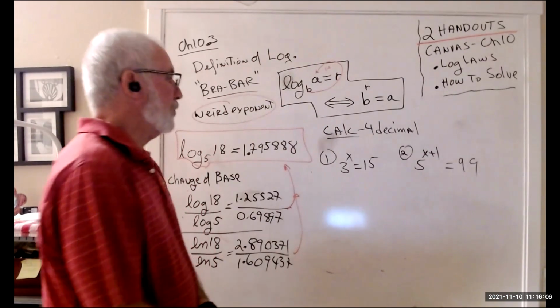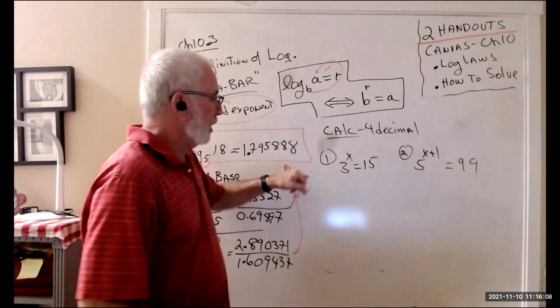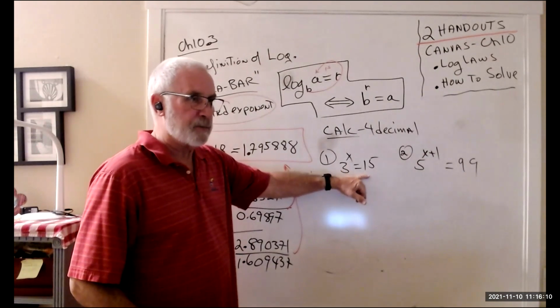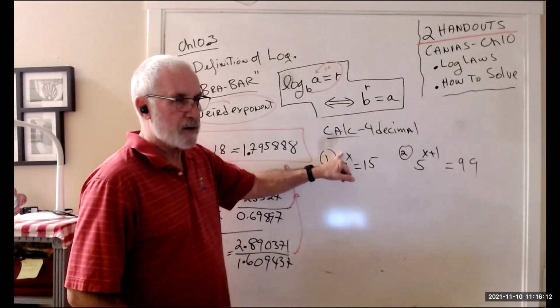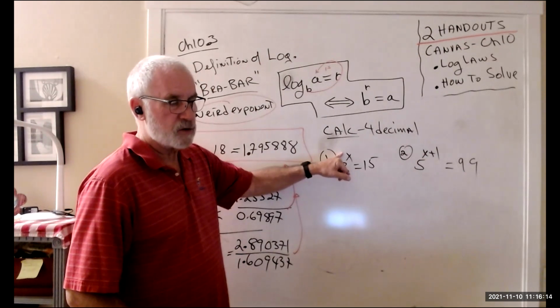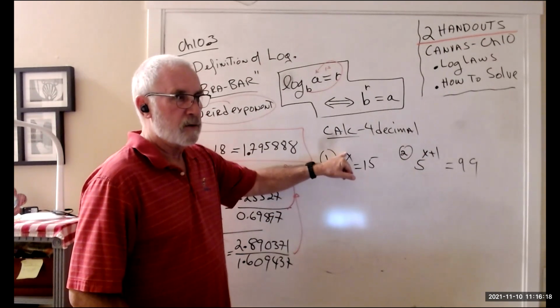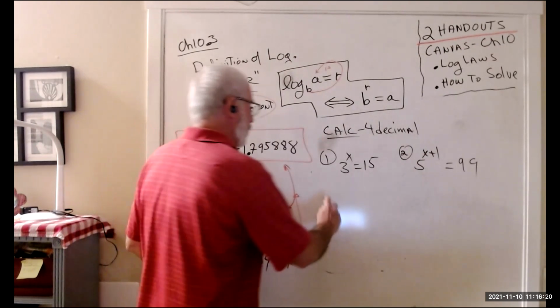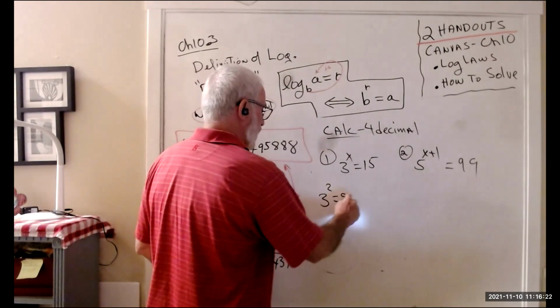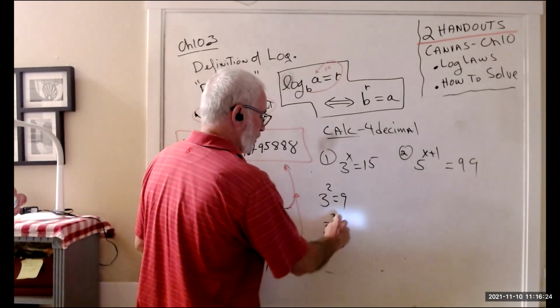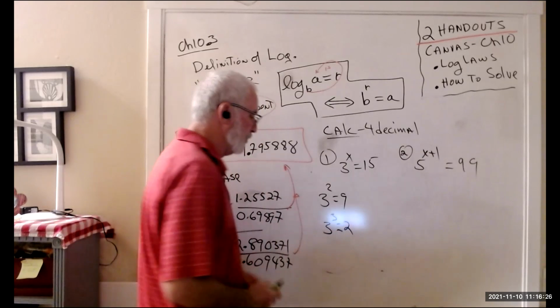Okay, so my thinking. I'm looking at this going, this is an exponential equation, 3 to the x power, exponential equation. I have no idea 3 to what power. I know, for example, 3 to the second is 9, and I know that 3 to the third is 27.